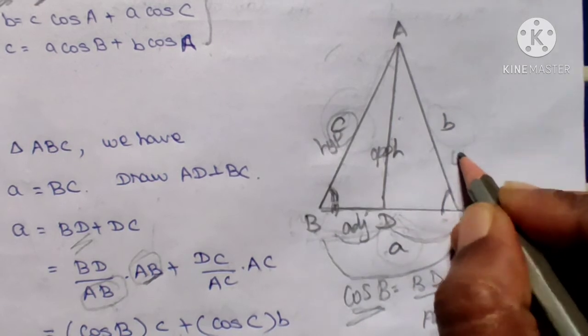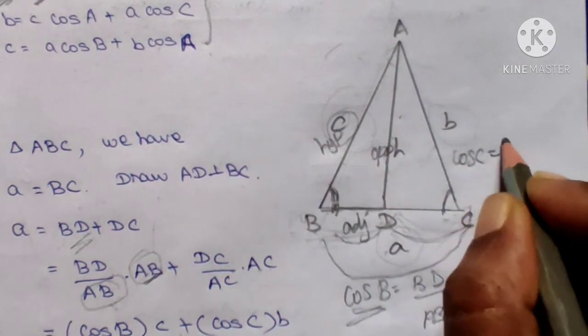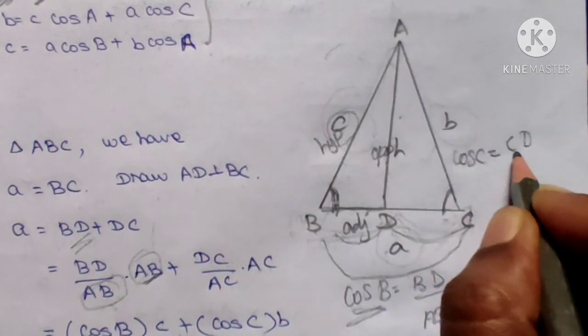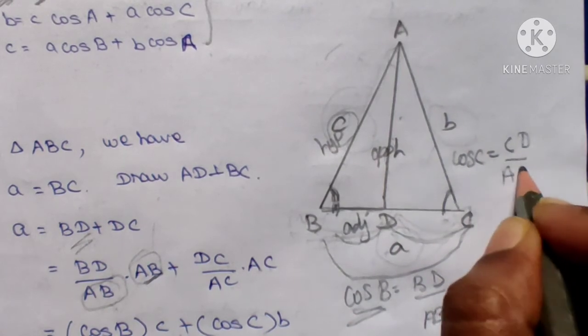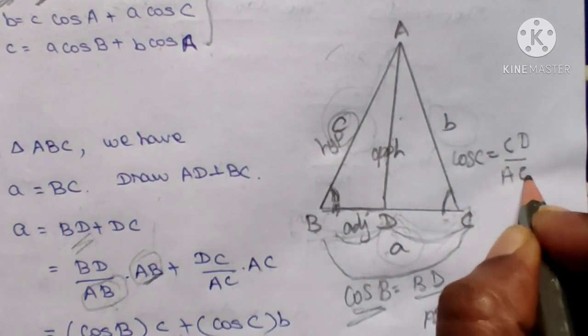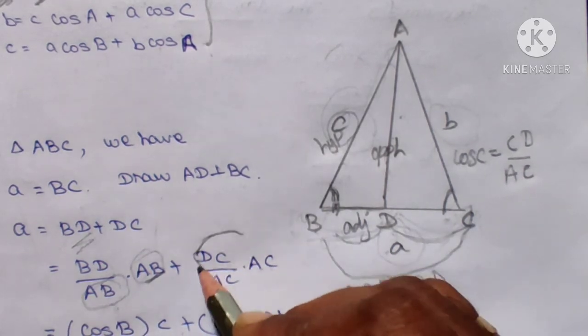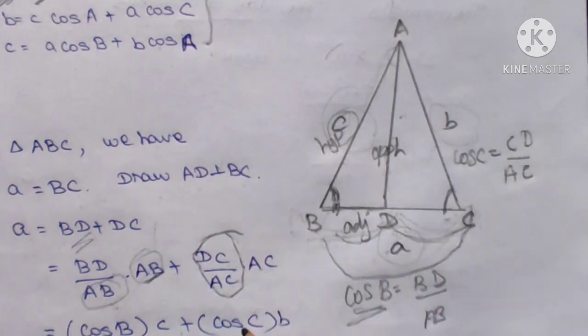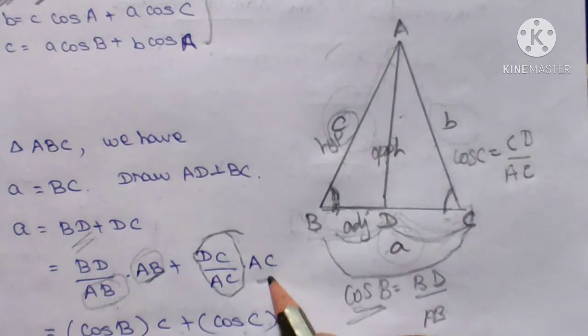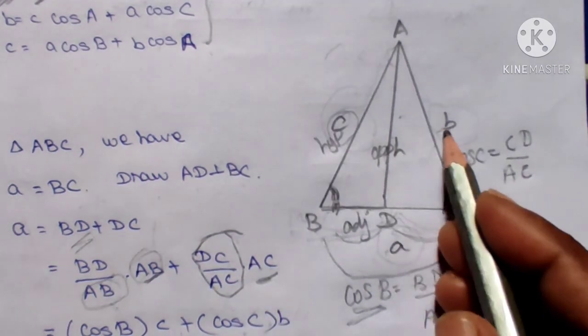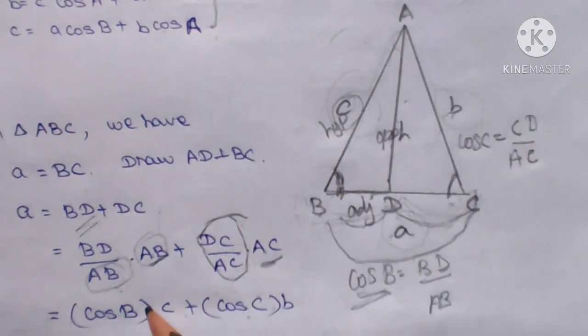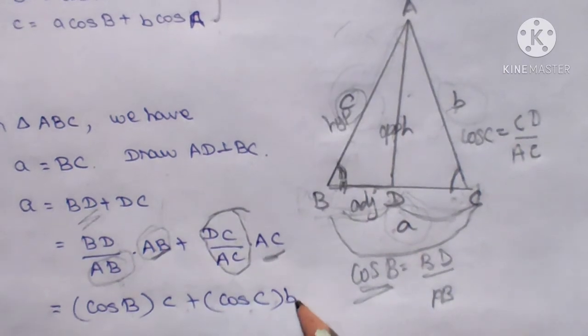So cos C is equal to CD by AC. So DC by AC is equal to cos C, and cos C into AC is b. So cos B into c plus cos C into b.